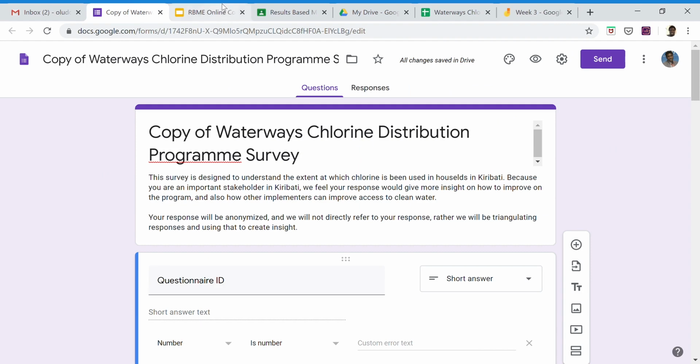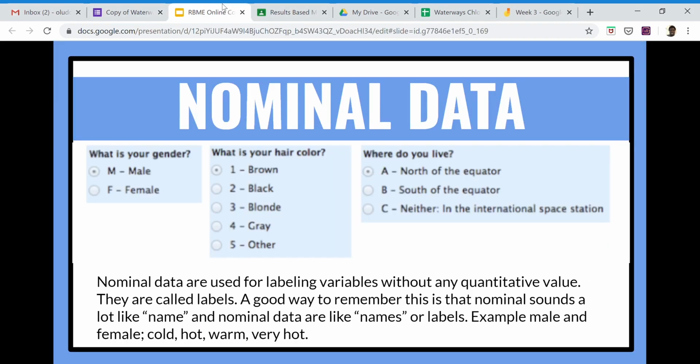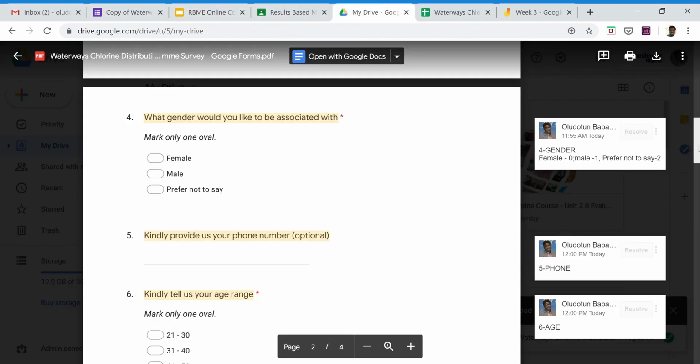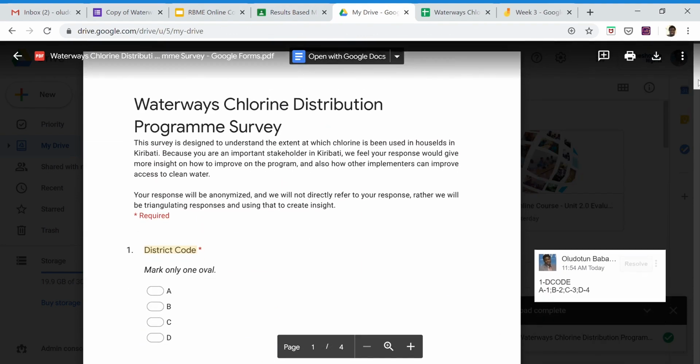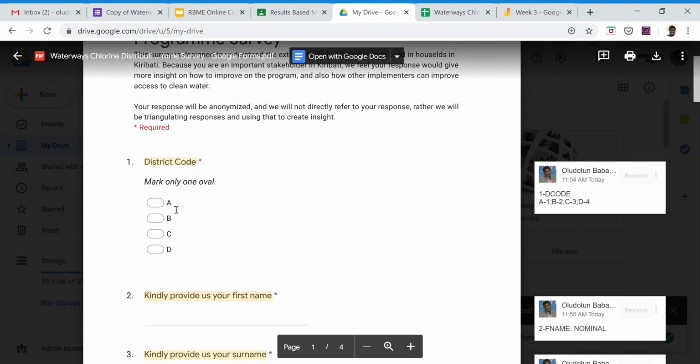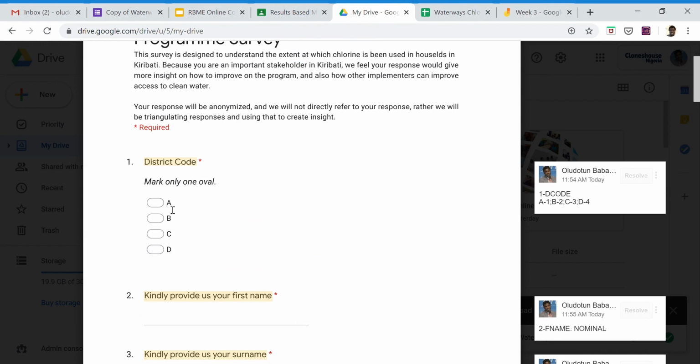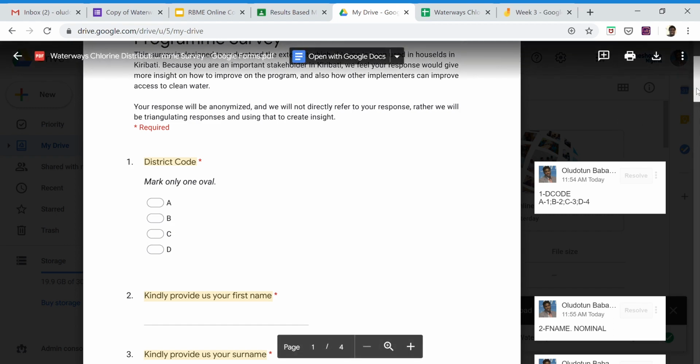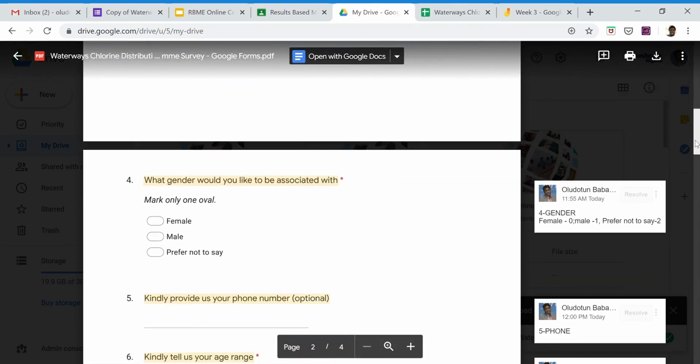For example, let's go to the question here. Districts, if it had been names, let's say this was Lubumbashi, this was Djibouti, this was Addis Ababa. If they have names, that's nominal data. That's what it means. Also, things like female, male are also nominal data as well.